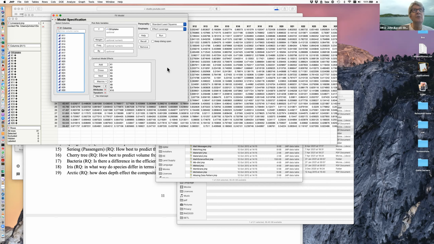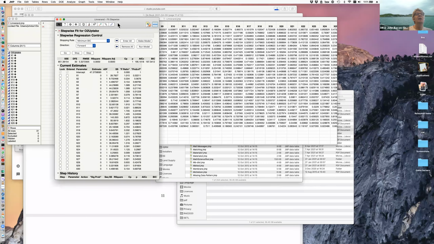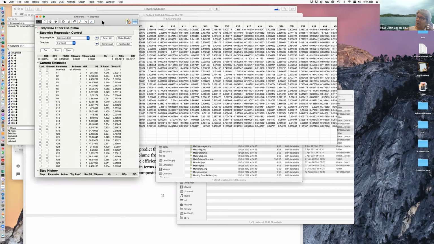So I want to use this example to illustrate the problems of trying to do model selection without being careful. So I want to choose stepwise here. We're choosing y2 as the oxygen uptake, all of the x's. Now, within the stepwise, I want to start out by looking not at BIC or AIC.